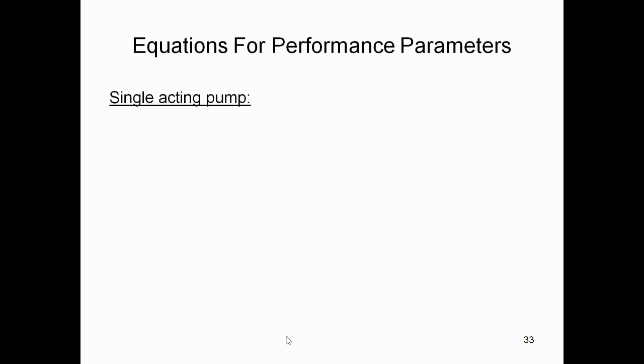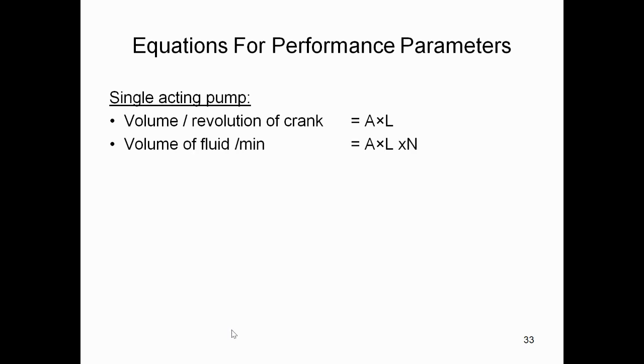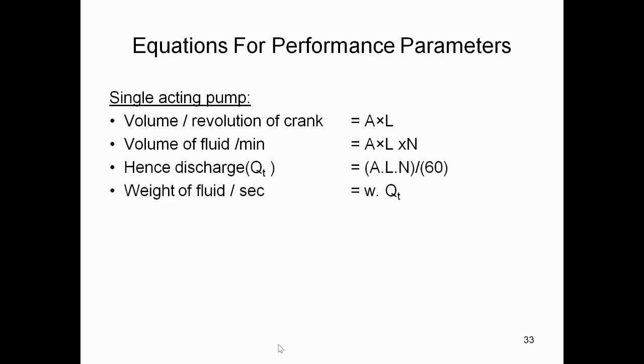For a single acting pump, the volume per revolution of crank is equal to A into L. The volume of fluid per minute is A into L into N. Hence the theoretical discharge, Qt, is equal to A into L into N by 60.